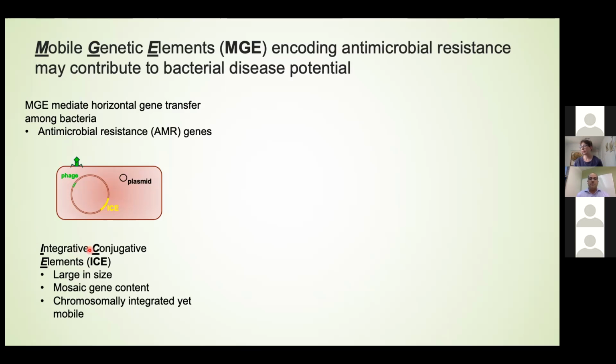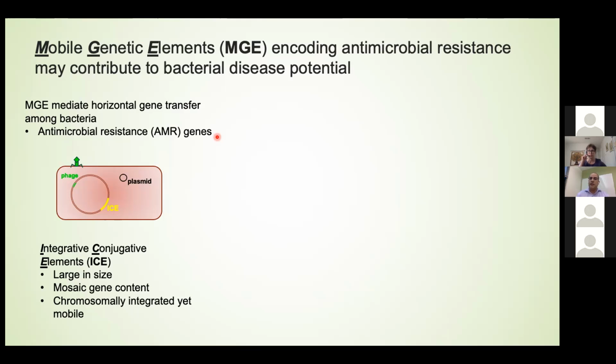Integrative conjugative elements are of particular interest precisely because of several of their traits. One is their large size, which ranges from 10 up to 80 kilobases or more, which allows them to encode a great variety of gene content that is mosaic in nature, meaning it can incorporate the chromosomally encoded content of the bacteria that they are integrated in, as well as genomic content from other mobile genetic elements such as plasmid and phage.